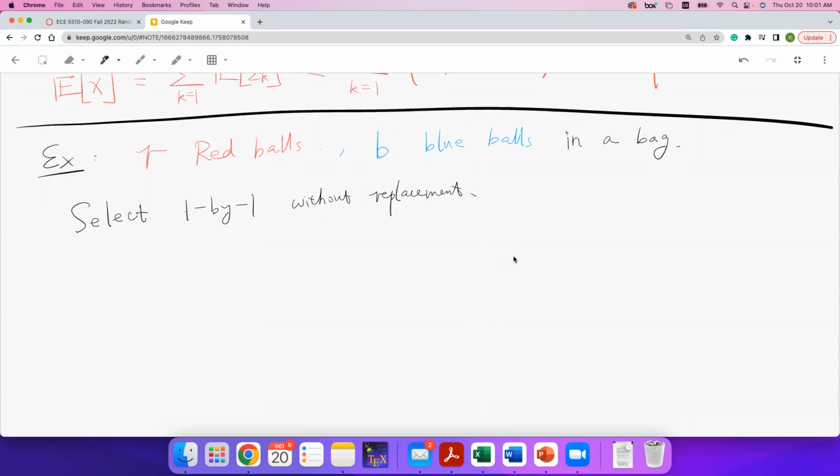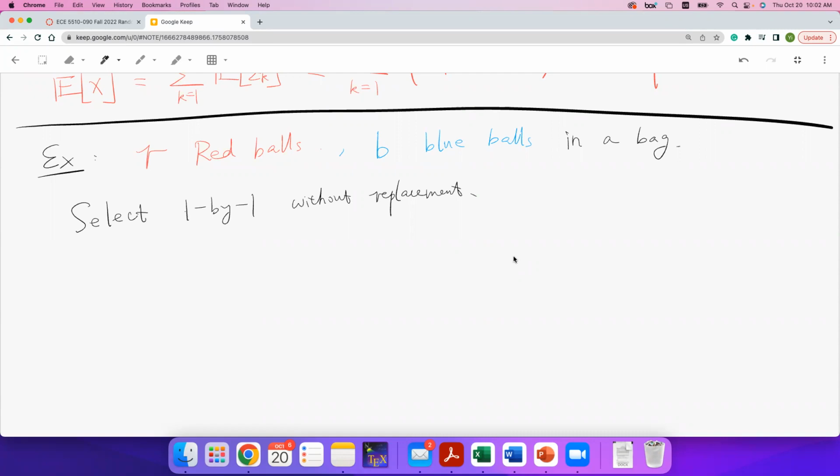So suppose the first time you pick a red ball, you keep it. The second time you pick the balls, you will have R-1 red balls and the B blue balls, right?